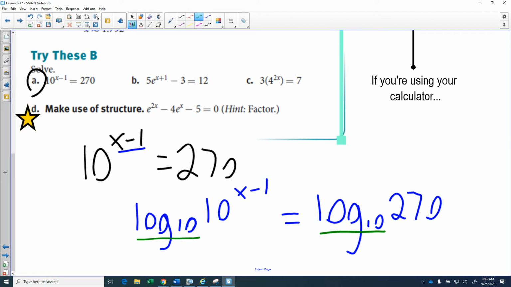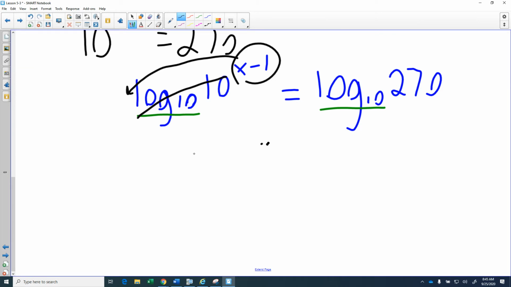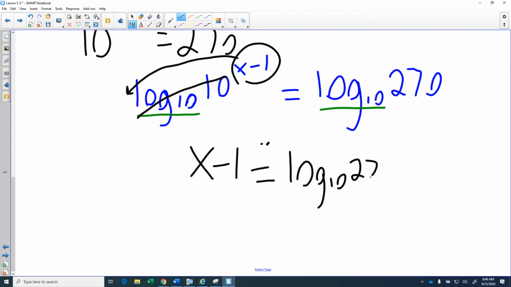Well, because of that, I can take this x minus 1 and move it out in front. And then this value is going to just cancel and become 1. So really, all I'm left with here is x minus 1 is equal to log base 10 of 270.